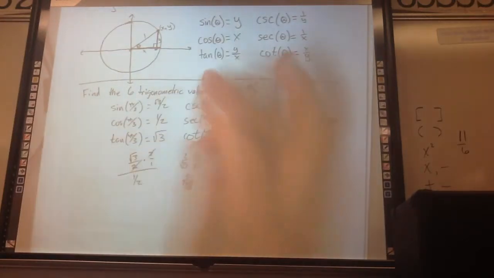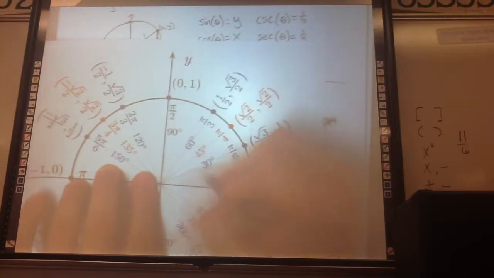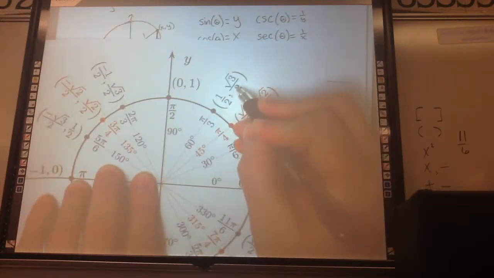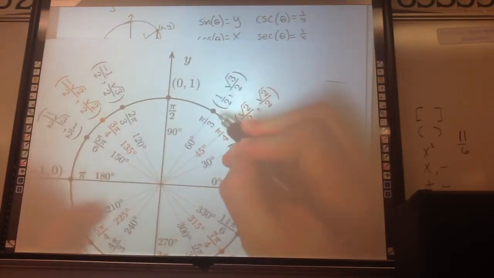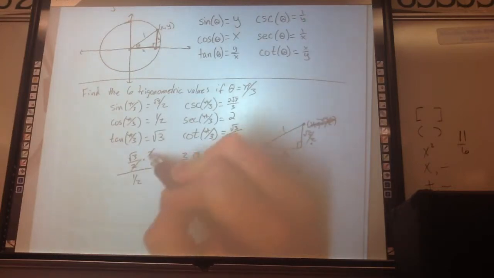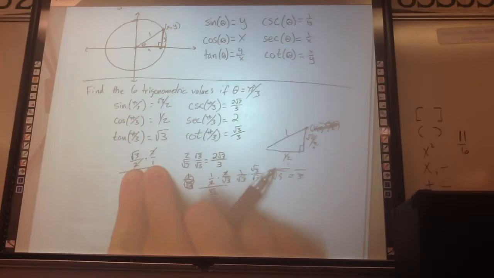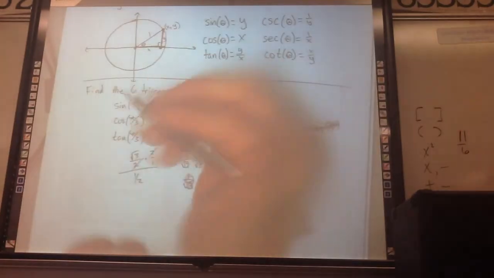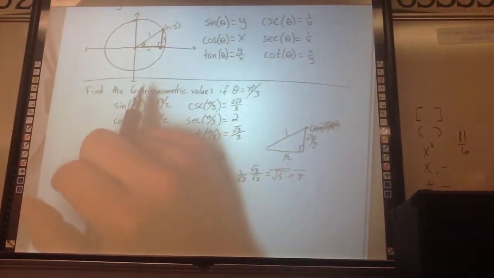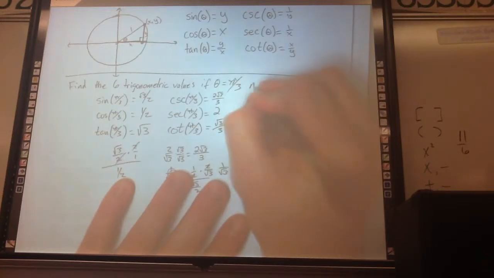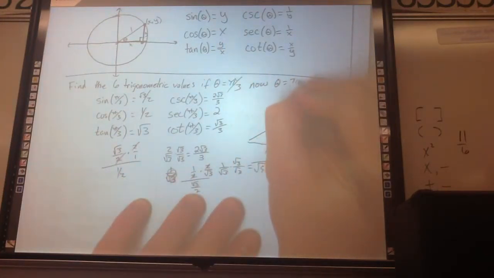So think about the triangle. Opposite would be root 3 over 2 over 1 half. The way you divide fractions, you flip and multiply. Got it. Okay, do the same thing, but now for theta equal to 7 pi over 3.